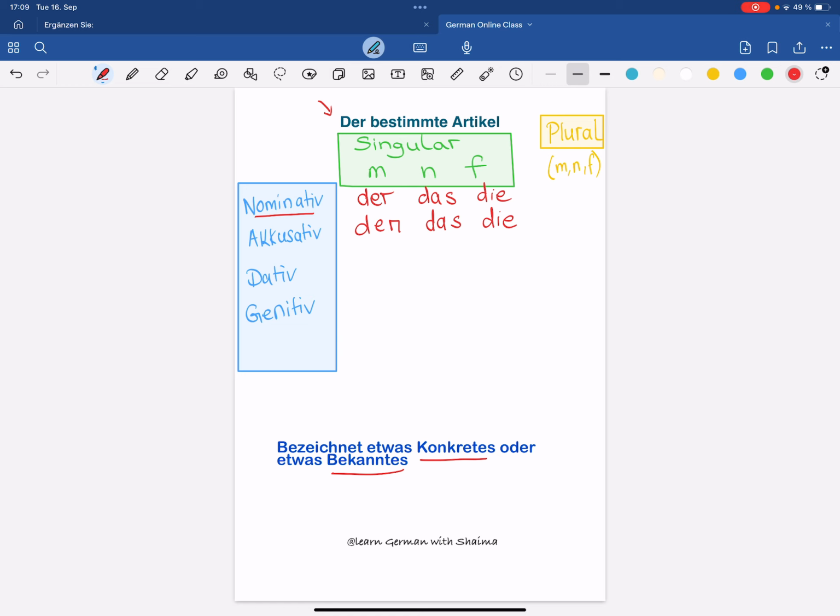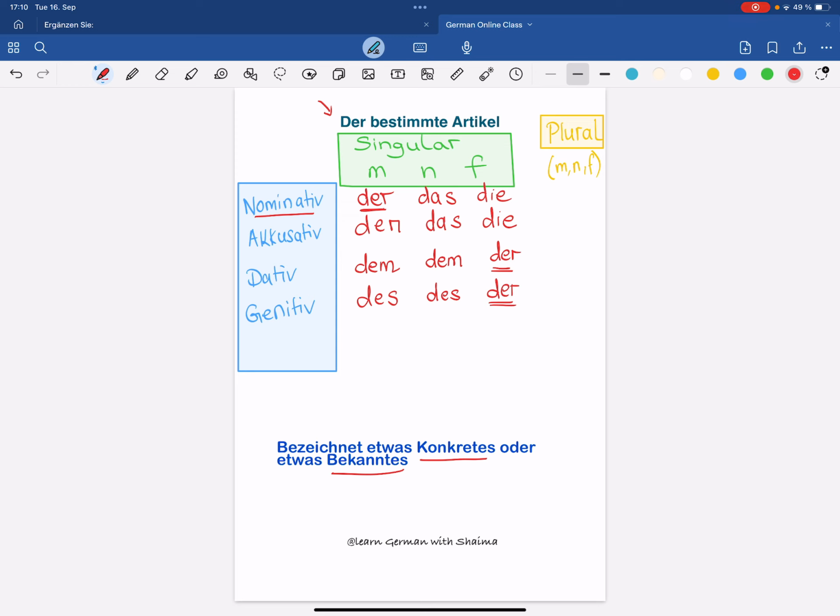In dative, der masculine turns into dem. Neutrum is also dem. And feminine is der. So here you can see that we have der exactly like nominative masculine. This is where the confusion starts. Then in genitive, masculine is des, and the neutrum is also des, and feminine is also der.